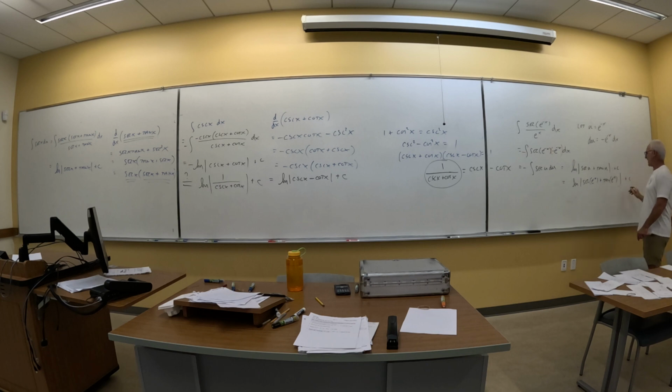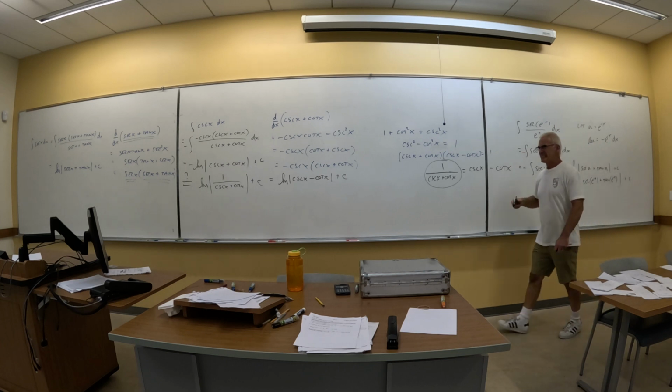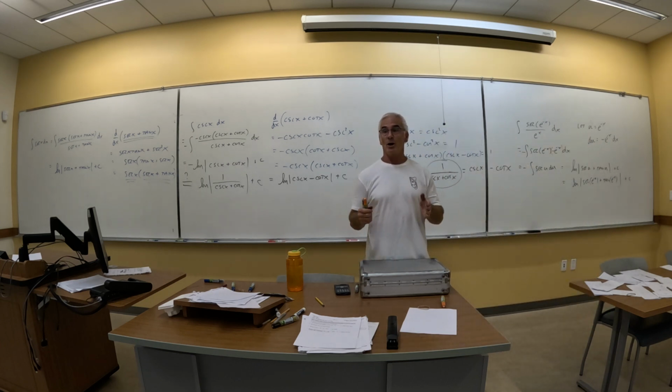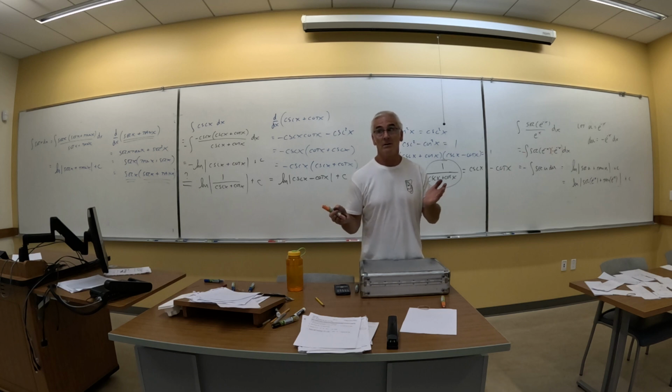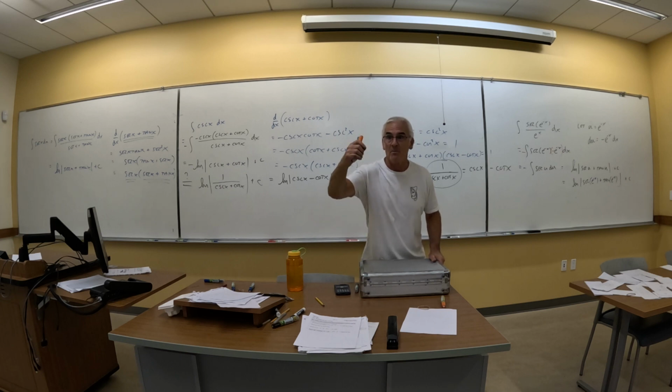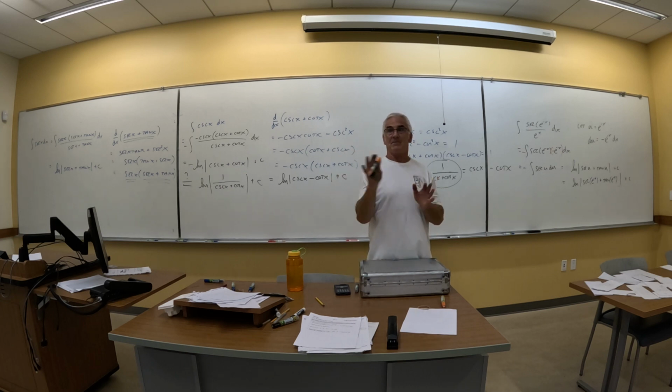Is there anything I can do to this? Is there any algebra I can manipulate this with? Is there any simplification? I asked you this question last day, and a lot of times we get in trouble because the rules of logs, not everybody's totally comfortable with. Say it out loud. The log of a product is the sum of the logs. The log of the quotient is the difference of the logs. But the log of a sum or the log of a difference doesn't have any simplification.